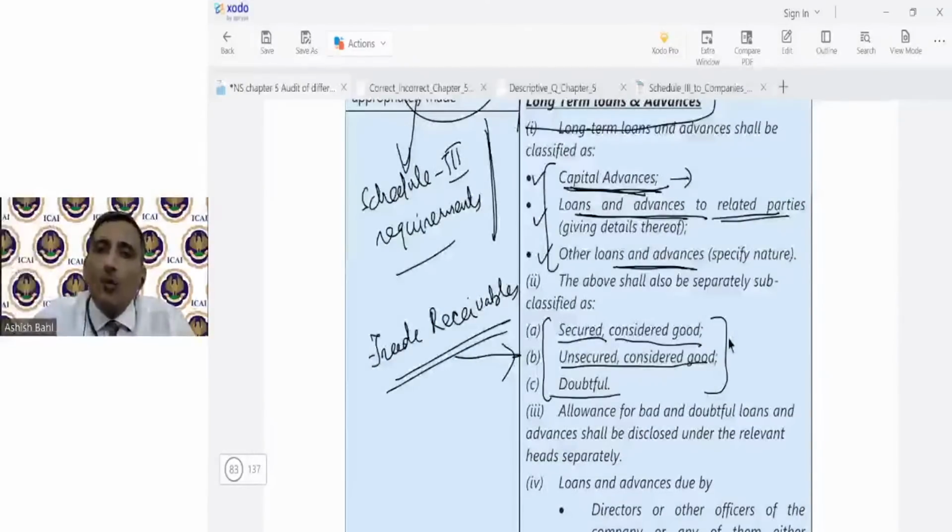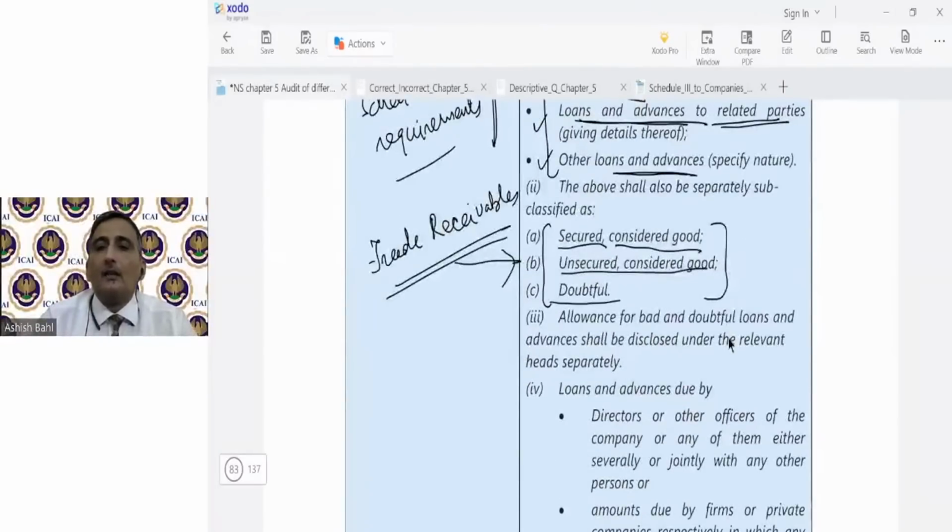So requirements of all these heads are more or less similar. Okay. So allowance for bad and doubtful debts, this was also there in trade receivables. So again, similar requirement.